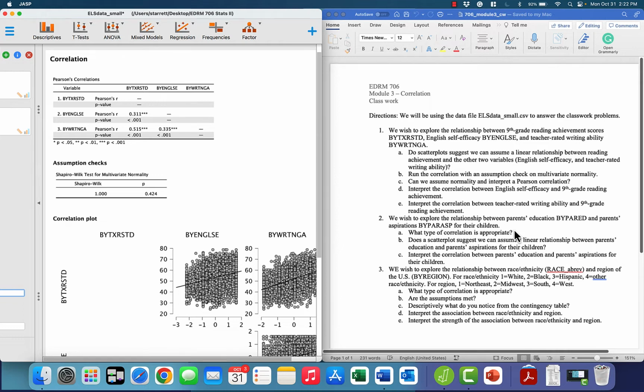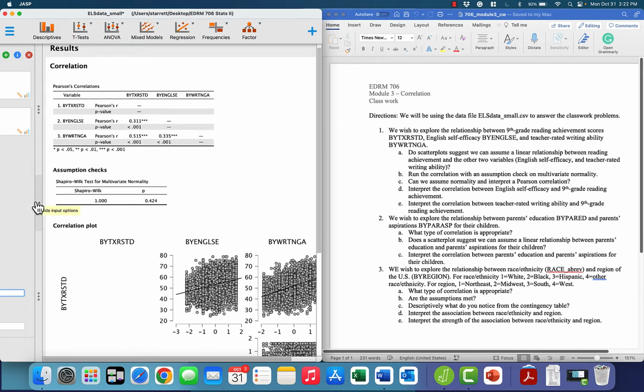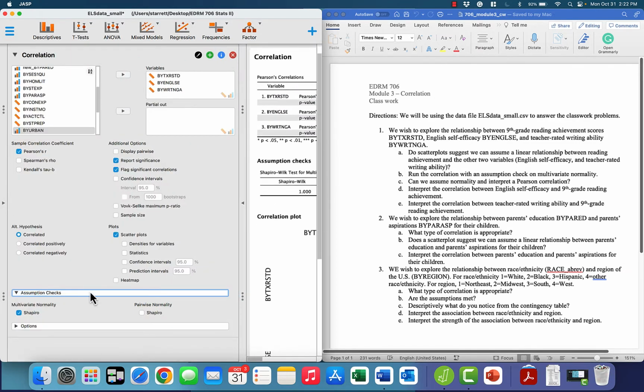It's their educational aspirations for their children. And so similarly, it is also less than high school all the way to completing a PhD. So these are both ordinal variables. So given the fact they're both ordinal, what type of correlation is appropriate? And I'm hoping that you're saying Spearman is going to be appropriate here.